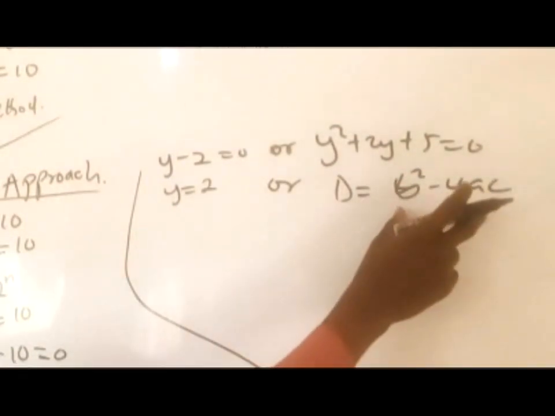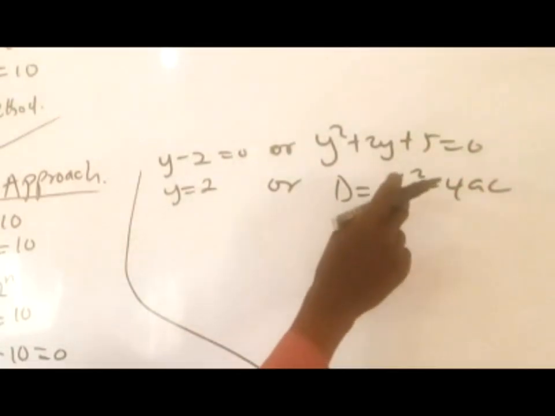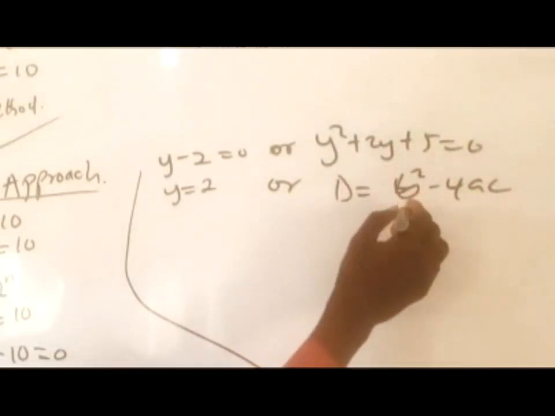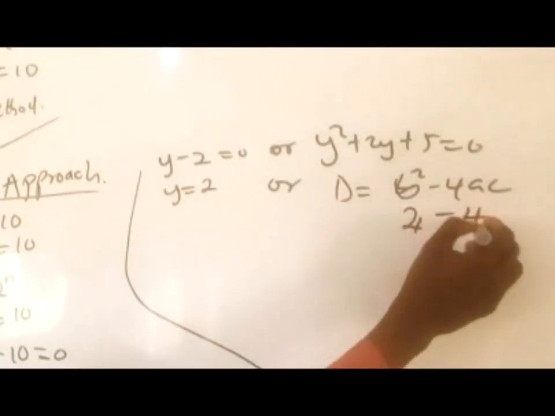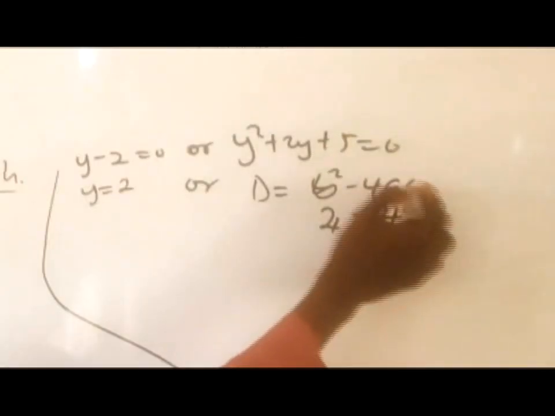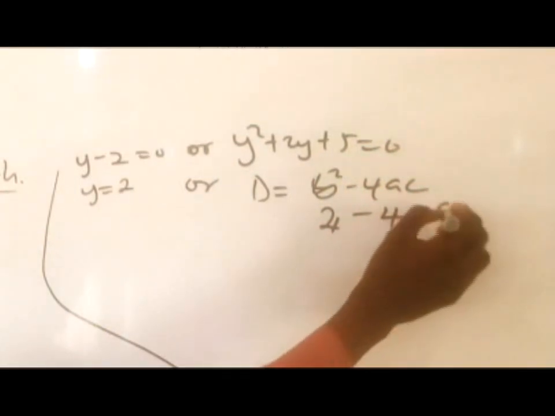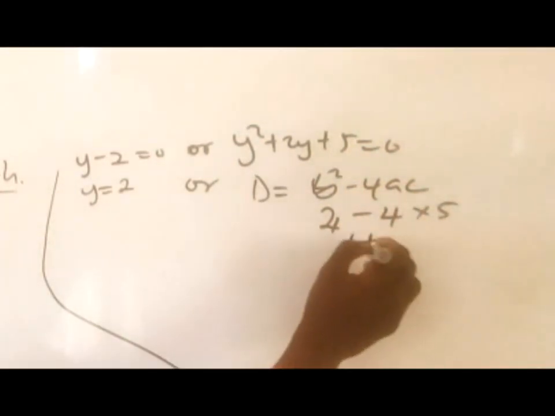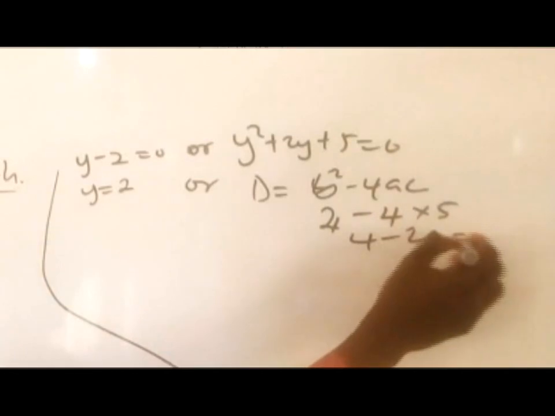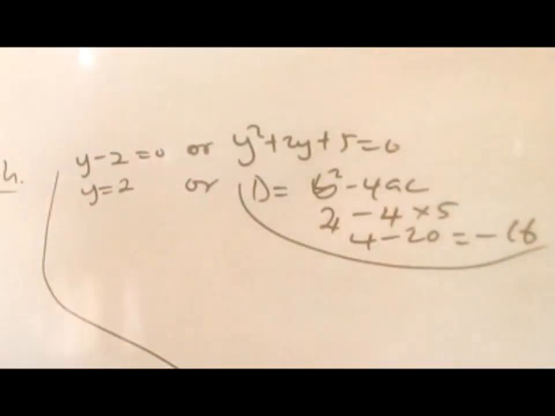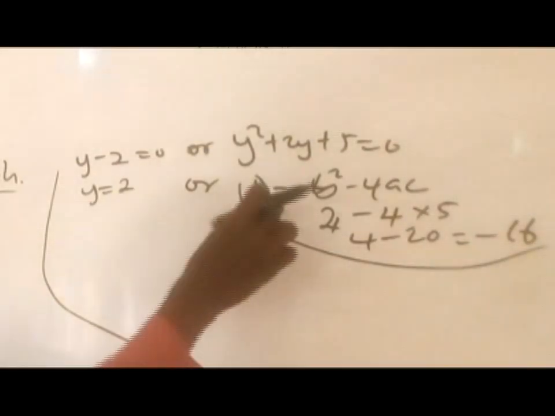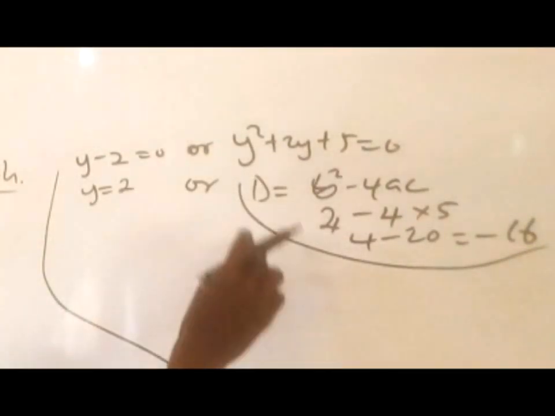Our b in the equation is 2, squared, which is 4, then minus 4 times a, which is 1, times c, which is 5, so 4 times 5 is 20. We have 4 minus 20, which equals negative 16. As we can see, negative 16 is the discriminant, and we don't have a real solution to that problem.